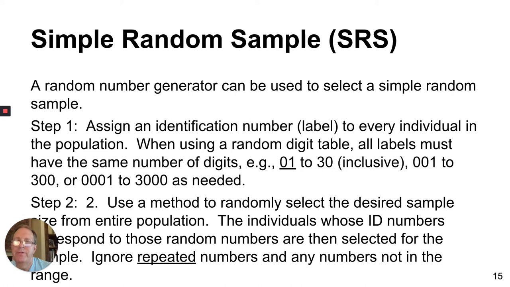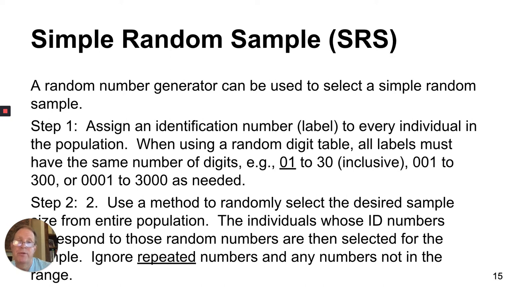First one, assign an identification number or label to every individual in the population. If I'm making a selection with a random digit table, then all of my labels must have the same number of digits, 01 to 30, inclusive. Or if I have 300 in my population, then I use 001 to 300, and so on.